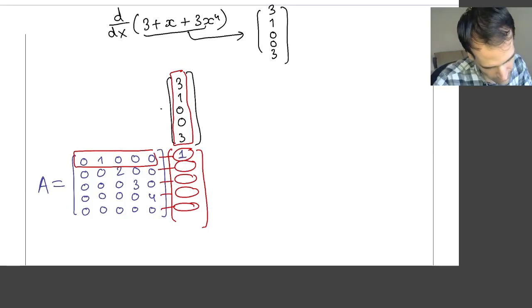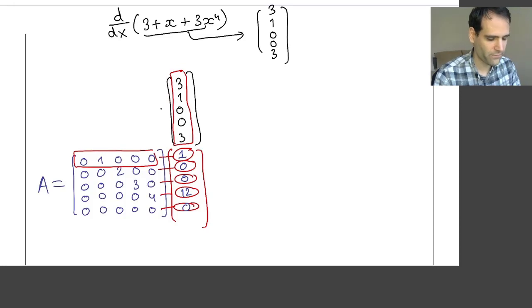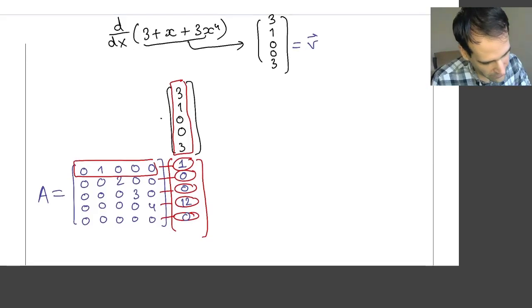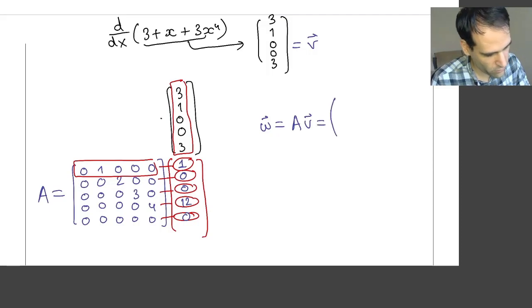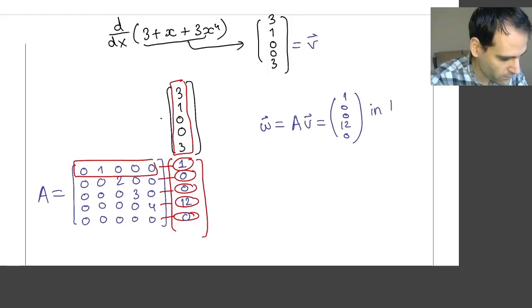So I can now do the rest of them, and I get this vector 1, 0, 0, 12, 0. We started with this vector v, which represented our polynomial, and we ended up with this vector w, which is A times v, equal to 1, 0, 0, 12, 0, which represents a polynomial in the basis.